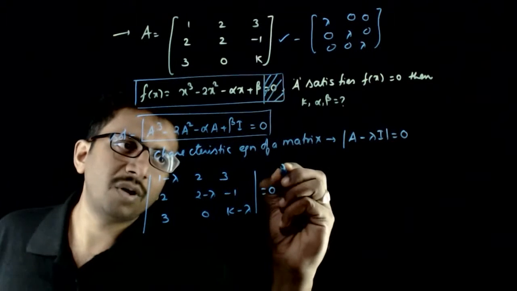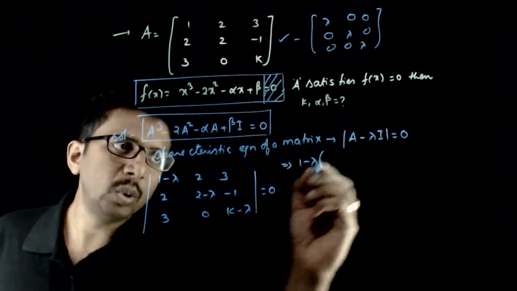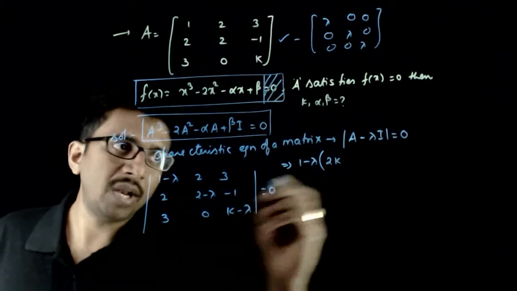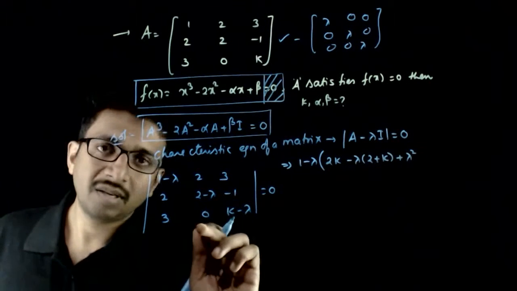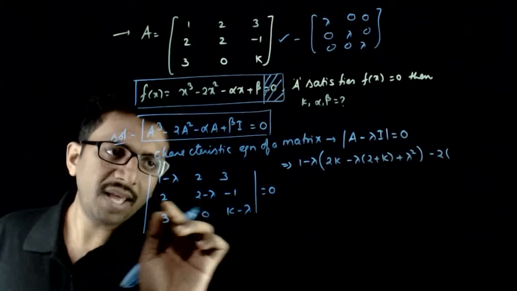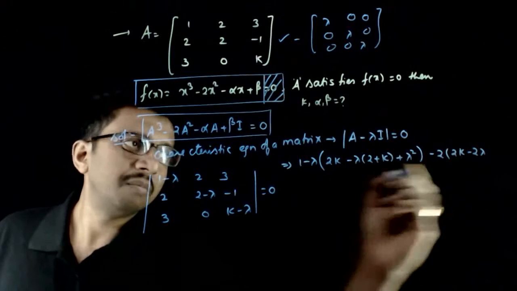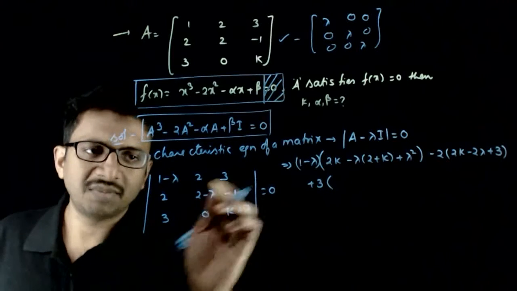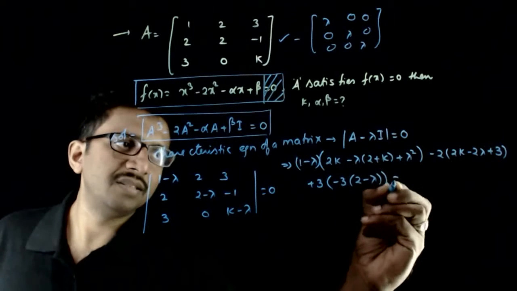So if you expand this determinant, what do you get? 1 minus lambda times, if you multiply this, you get 2k minus lambda k minus 2 lambda, so minus lambda times 2 plus k plus lambda square, minus 0, minus 2 times 2k minus 2 lambda, plus 3 times 2 into 0 is 0 minus 3 times 2 minus lambda, equal to 0.